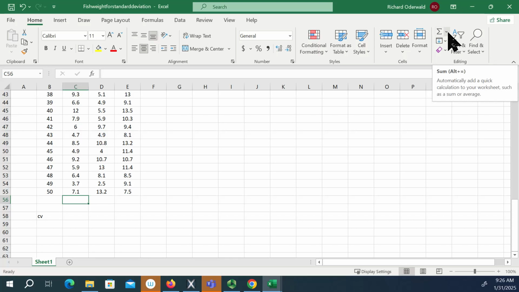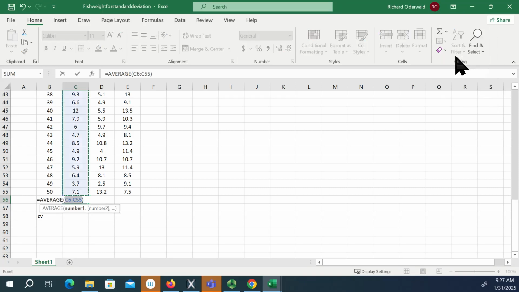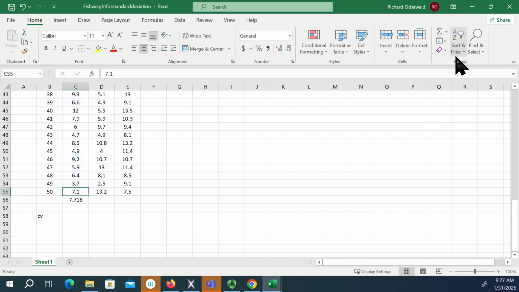You just click there. Go over to the upper right where that sum sign is and tell it average. And there's the average. And we're going to knock some decimals off of this because they are completely unimportant.